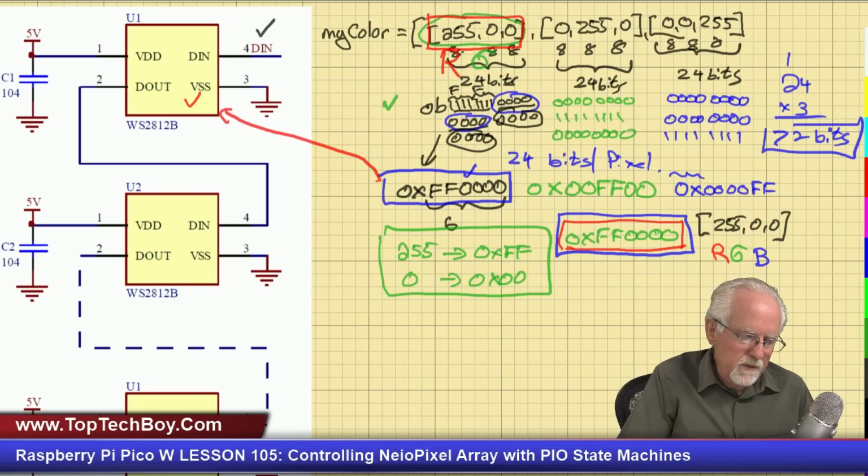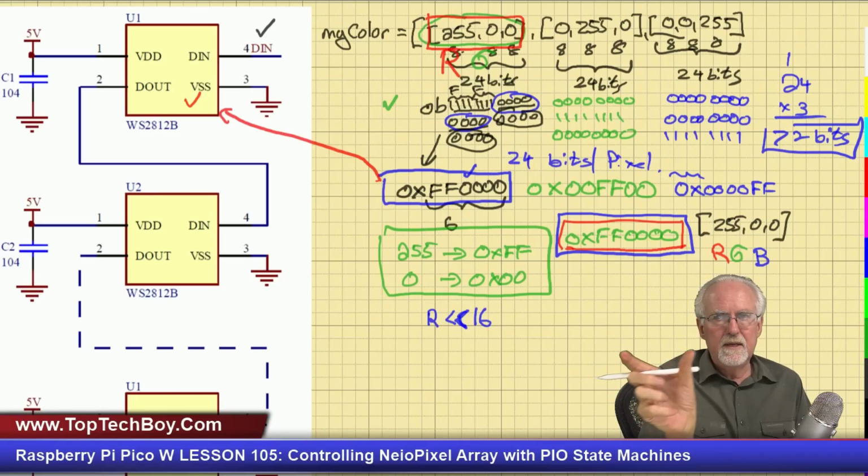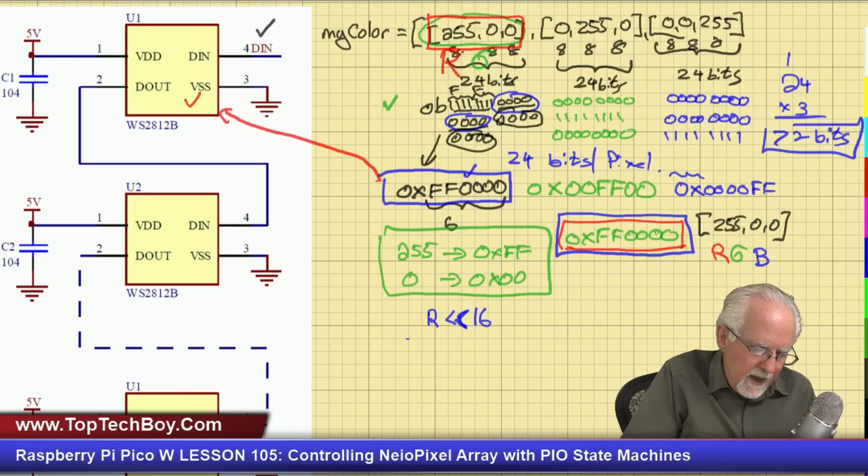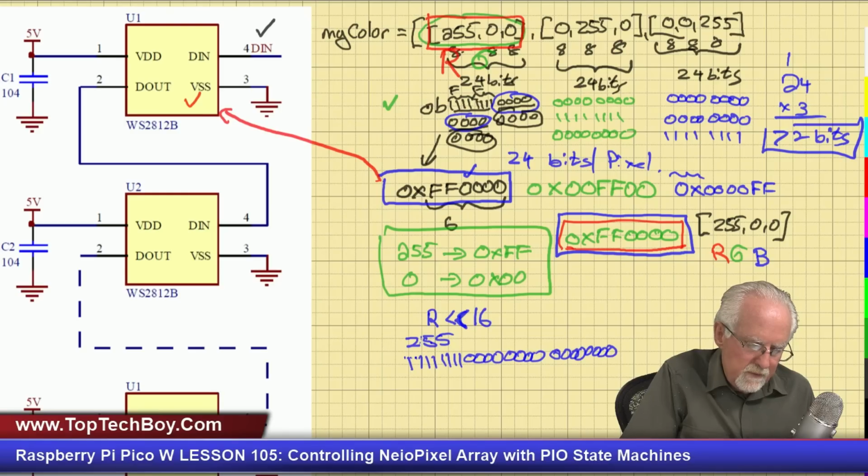Well, how do I do that? What I do is I take the red and I shift it left by 16 bits. So it's 8 bits, and I shift it left by 8, and I shift it left by 8. And then what do I have? I have out here to the left 255, or 1, 1, 1, 1, 1, 1, 1, 1, then 0, 0, 0, 0, 0, 0, 0, 0, and then 0, 0, 0, 0, 0, 0, 0, 0, like that.